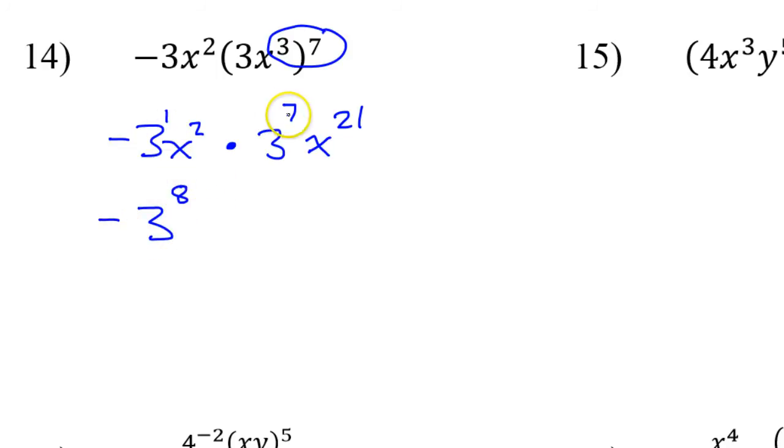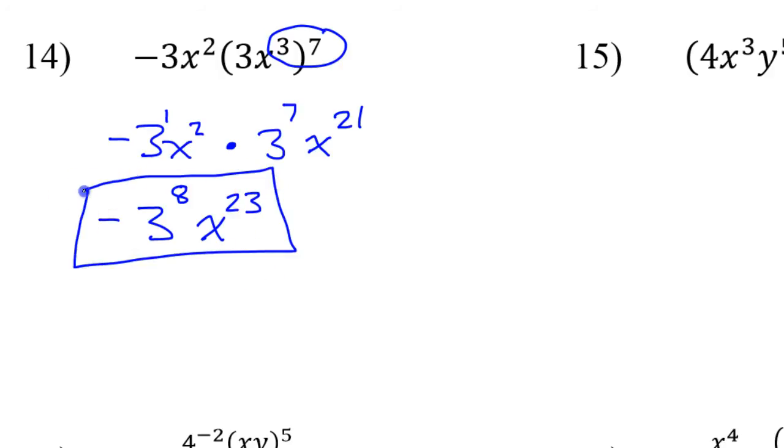I'll put the 1 there to help you see that. X squared times x to the 21 power is going to be x to the 23 power. So this will be the final answer for number 14. That negative just sits there in front the whole time. It's fine. Now let's look at number 15.